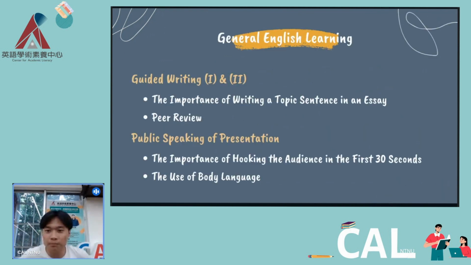As I said, in my English minor, I took guided courses for 2 semesters in a row. During the classes, I learned a lot of things, of which the first one is the importance of writing a topic sentence in an essay. Why is it important? Because if you have a topic sentence, you'll know what you want to talk about in the whole essay.